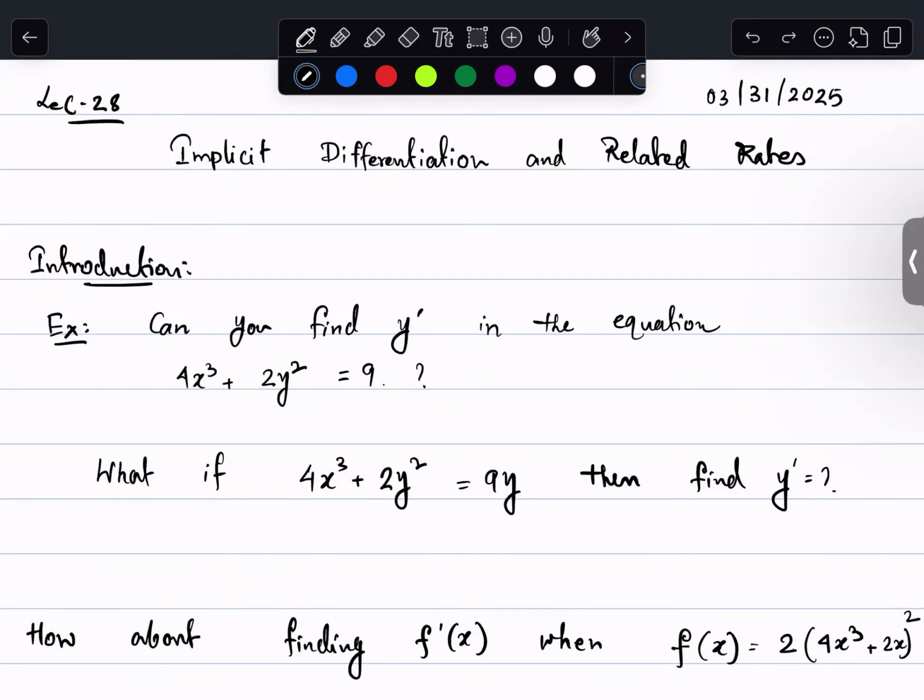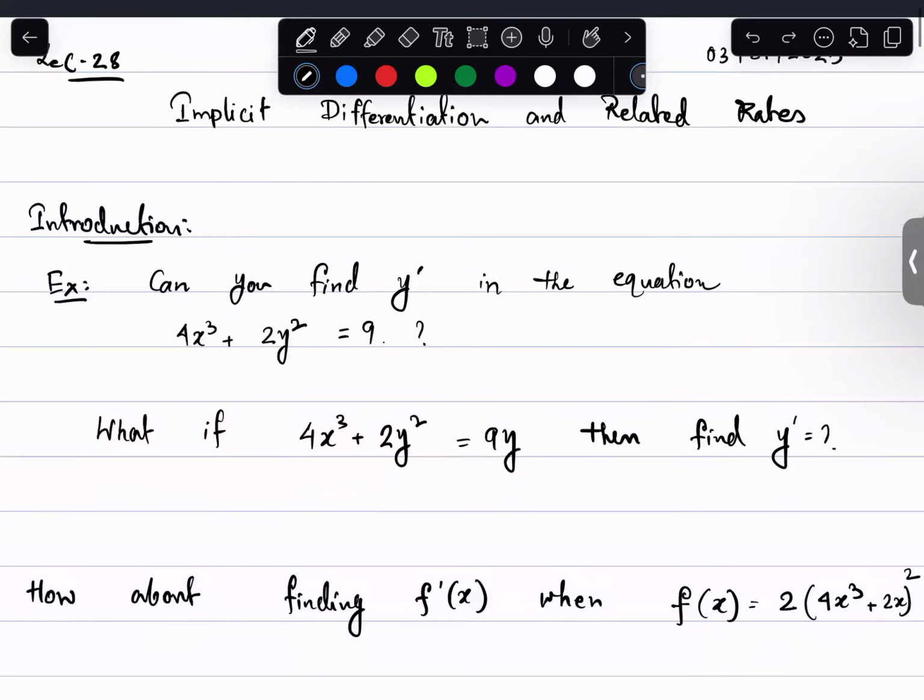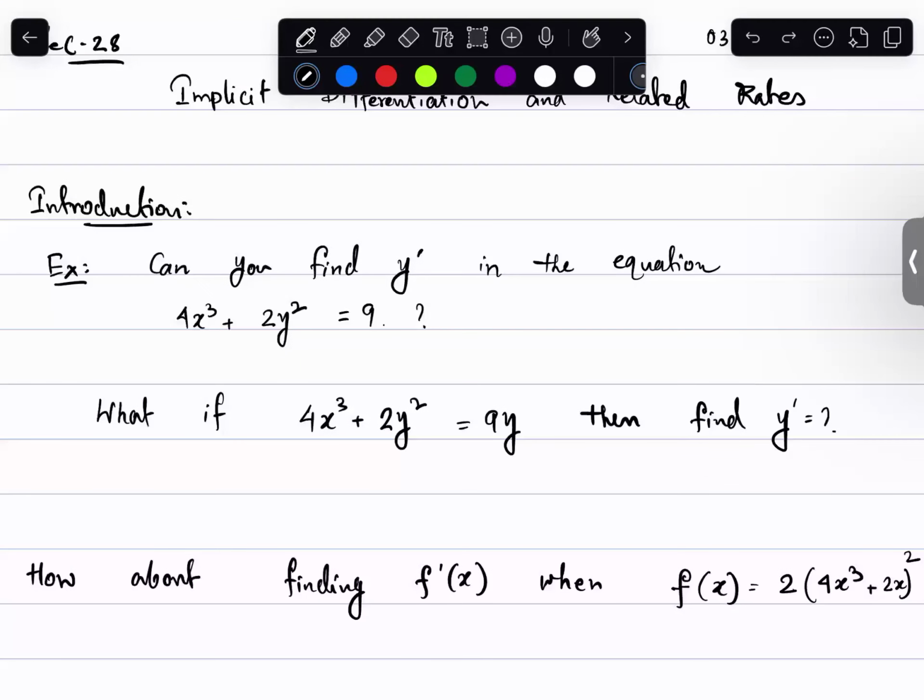To give an introduction, I'll take one example to start with. Suppose this is my function, 4x to the third plus 2y squared plus 9, and the question is, can you find y prime or dy over dx?